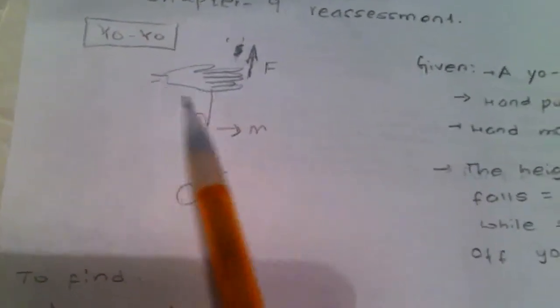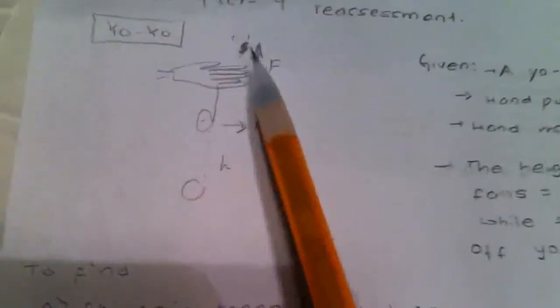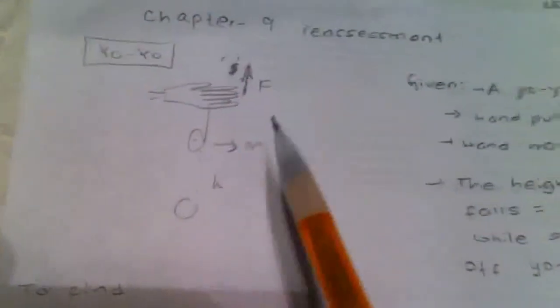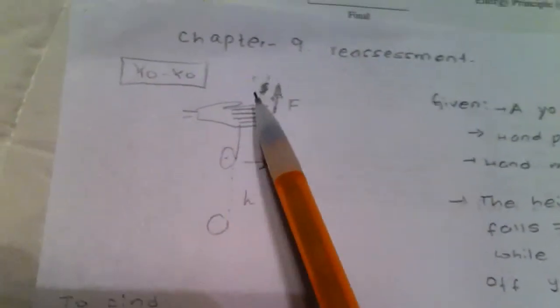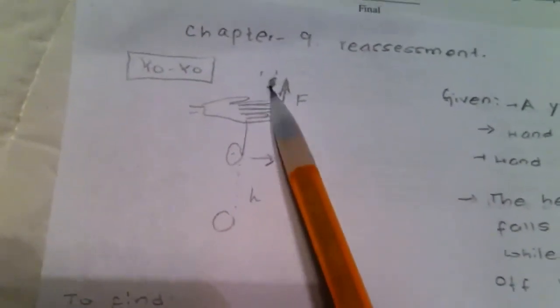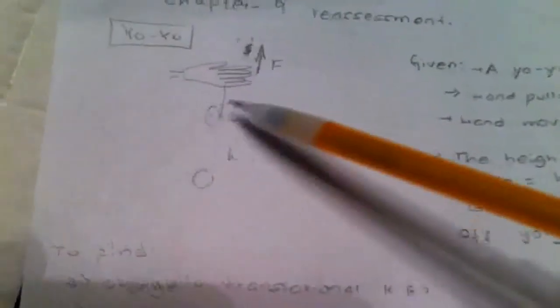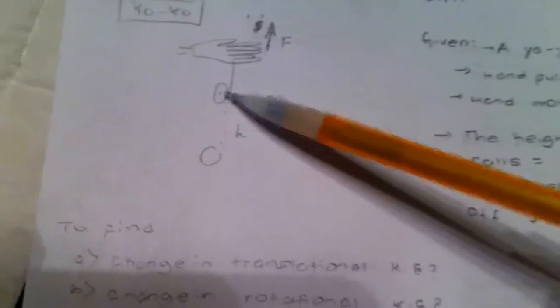So the work done due to my hand will be F dot s, not h anymore, because this is the real system and we're not looking at the center of mass, we're looking at the point of application of each force. The force due to my hand got displaced by the distance s. In the same way, the force due to gravity got displaced by distance h, because gravity always acts at the center of mass of the yo-yo.